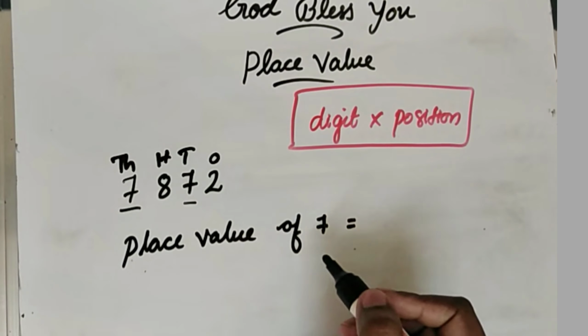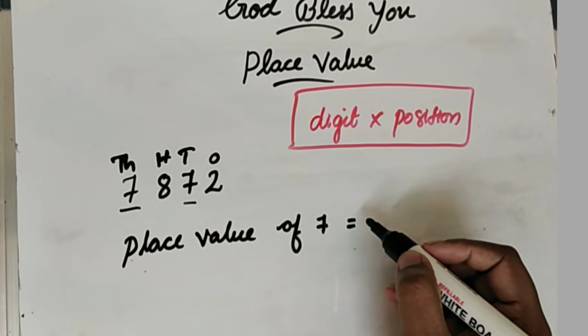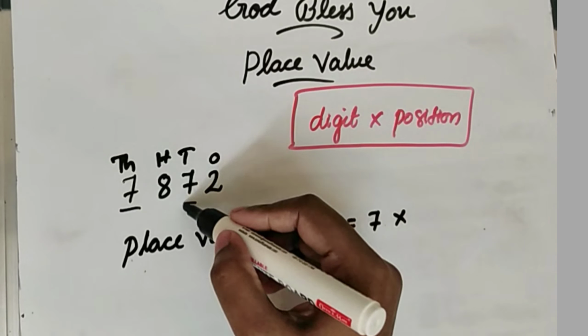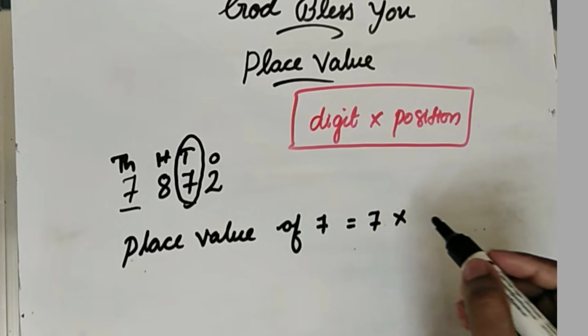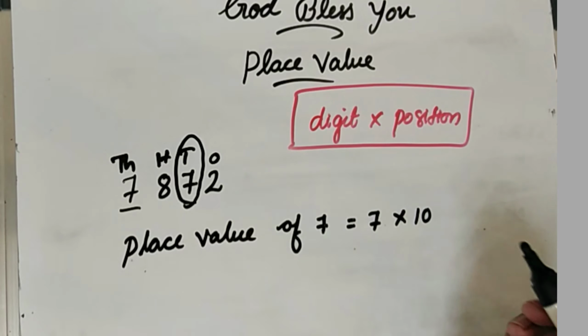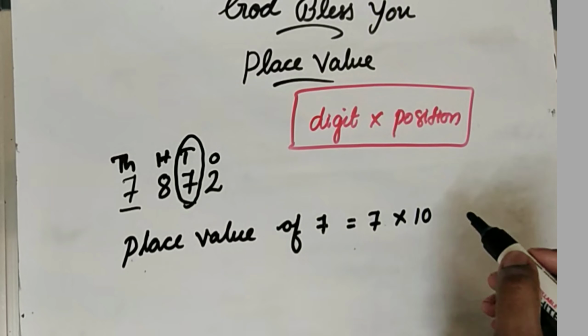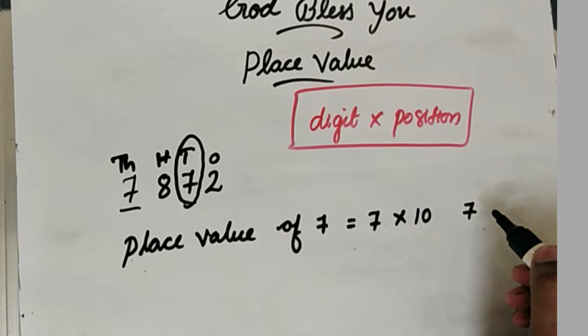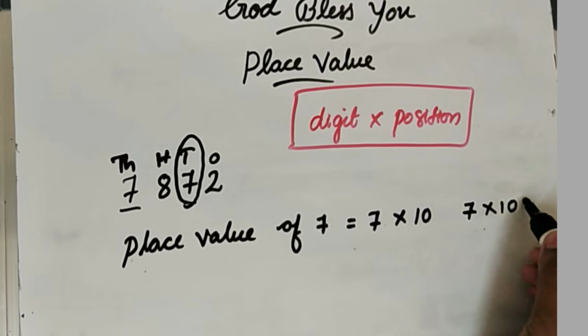So the place value of 7 is equal to 7 into its position. It is at 10's position. Then one more 7 is here, so again write that 7 multiplied with its position. Its position is at 1000's place, so 1000 we write.